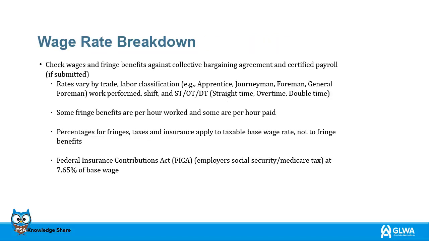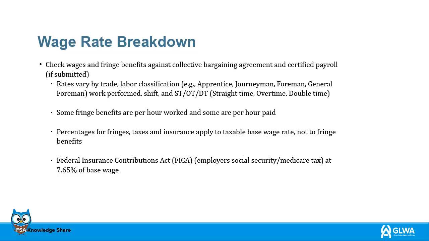For the wage rate breakdown, you need to check wages and fringe benefits against the collective bargaining agreement and certified payroll. Remember that rates vary by trade, labor classification, work performed, shift, and straight time, overtime, double time.